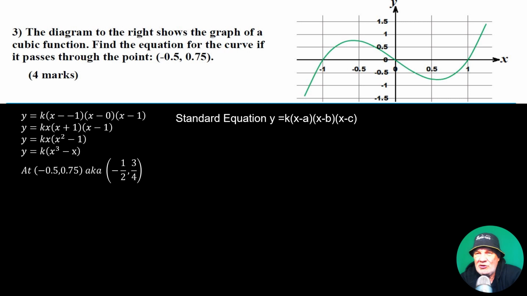And I said, okay, well, let's have a look at the point (-0.5, 0.75). That's the point on the graph. So that would enable us to substitute that in and determine what k is. Now, I saw a pattern here, and I thought, well, -0.5 and 0.75 could get a bit tricky, but that's -1/2 and 3/4.